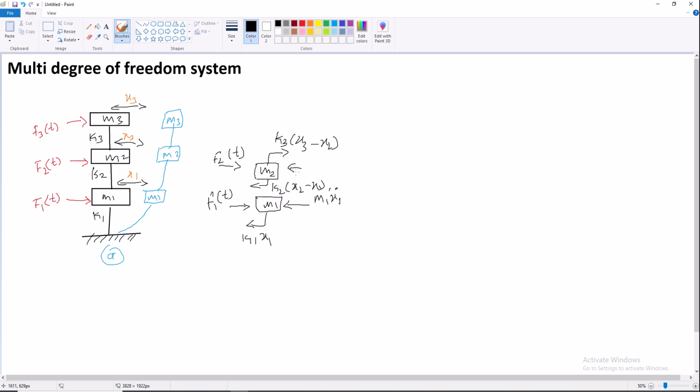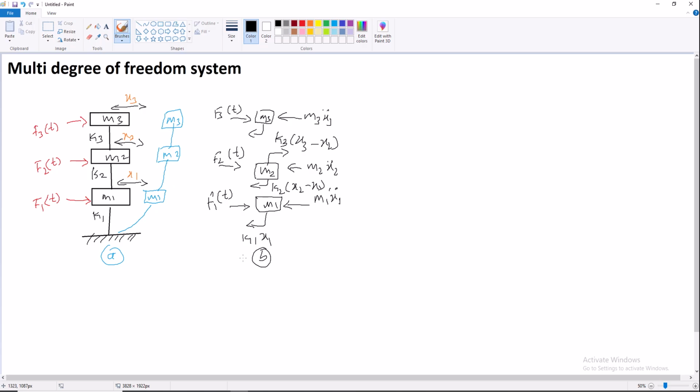Along with this, there is mass 2 with x2 double dot, and at the same time there is one more lumped mass at the third floor, and on this also F3 with respect to time is acting, and here the resisting force is m3 x3 double dot, and this is again resisting with K3 times x3 minus x2. So this is the free body diagram which I can take.